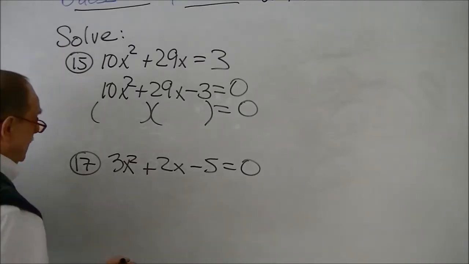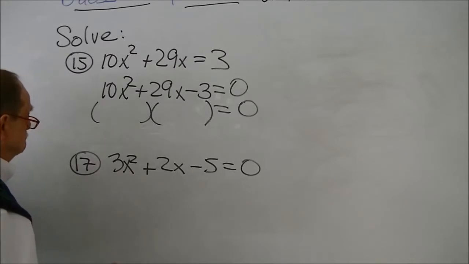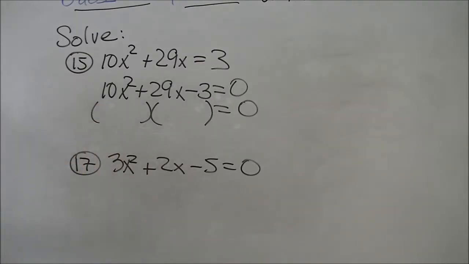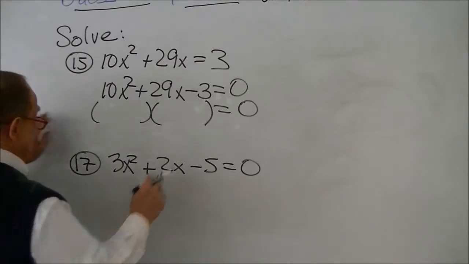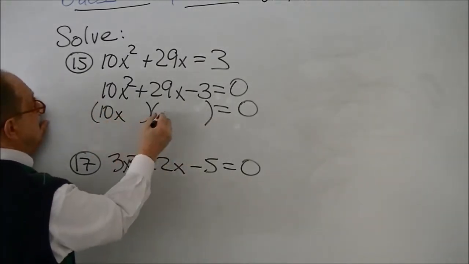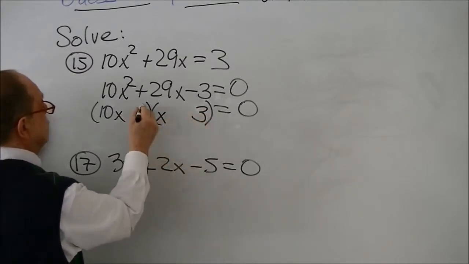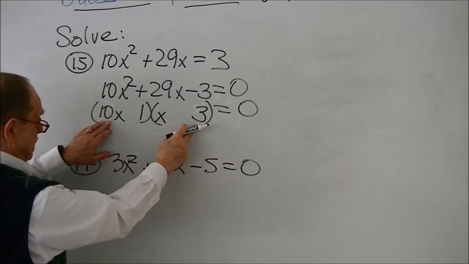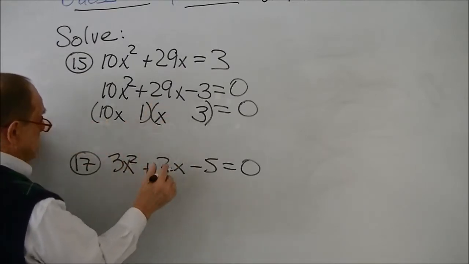So, we want factors of 10 here. Oh, I see it. 10x, x, 3 and 1, because that gives me a 30, difference of 1.